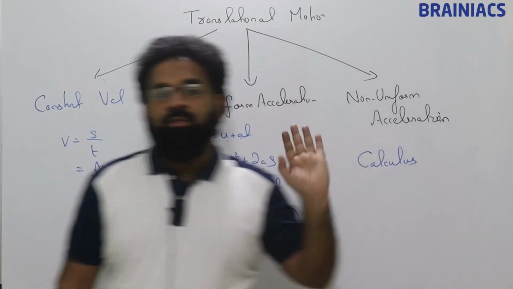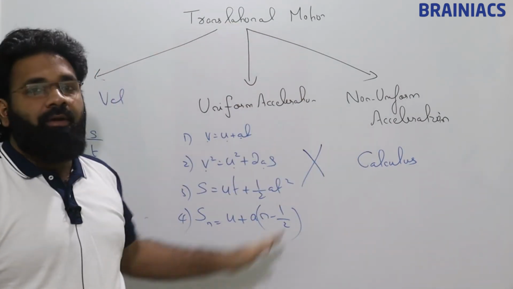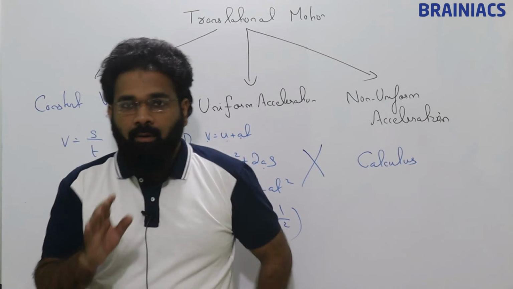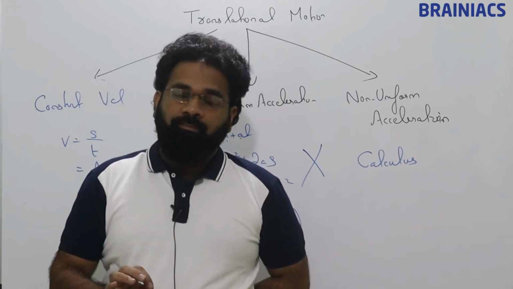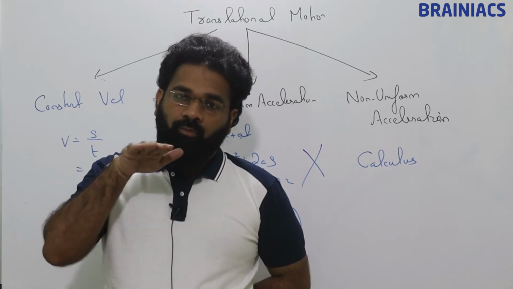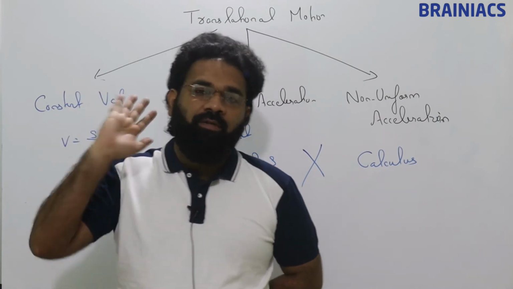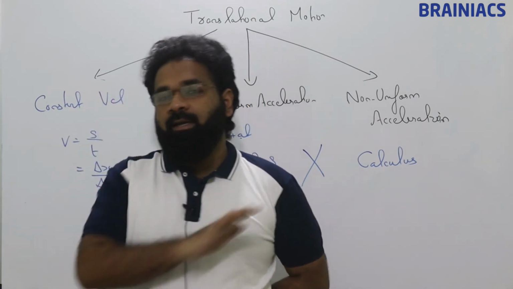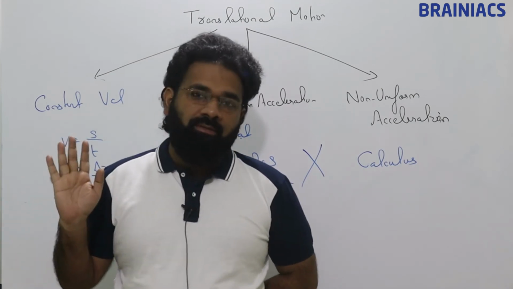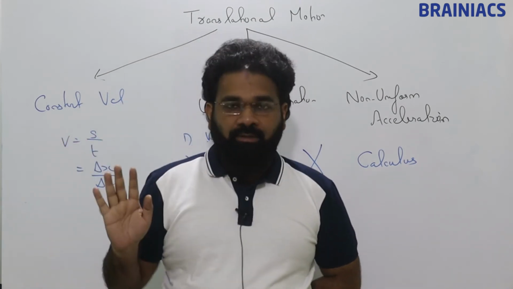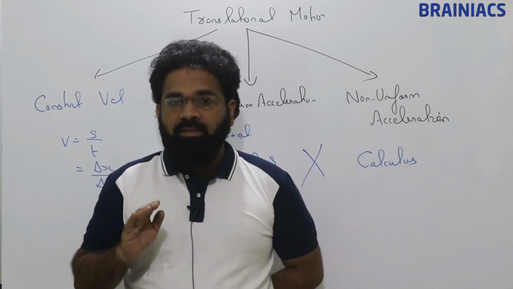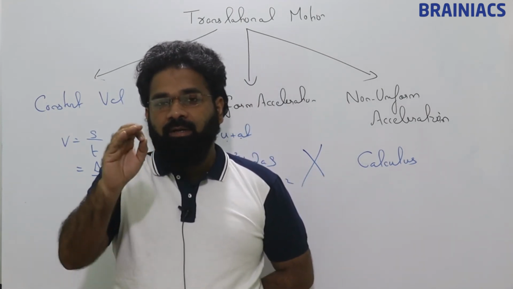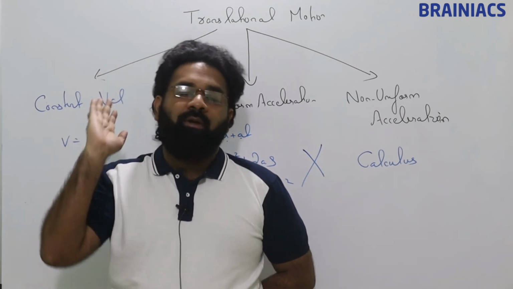Okay, so this is how the motion is divided. I summarize the types of motion. One is constant velocity, uniform velocity. We move with the uniform velocity: v is equal to s by t, or v is equal to delta x by delta t. No acceleration there, acceleration is 0. Another is velocity increasing uniformly: 5 meter per second, 10 meter per second, 15 meter per second, like that.